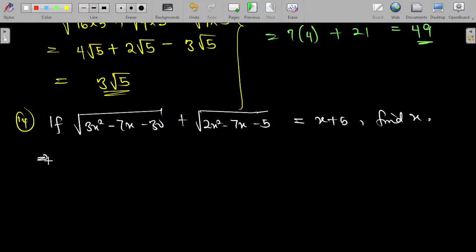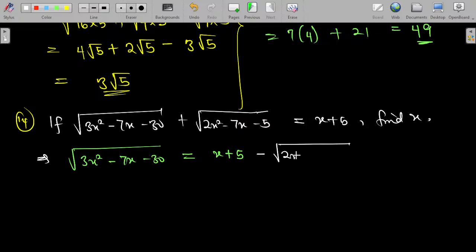So in doing that, I'm going to have that the square root of 3x squared minus 7x minus 30 is equal to, so I already have x plus 5 on the right, I'm only going to bring this over, and that will be minus the root of 2x squared minus 7x minus 5.